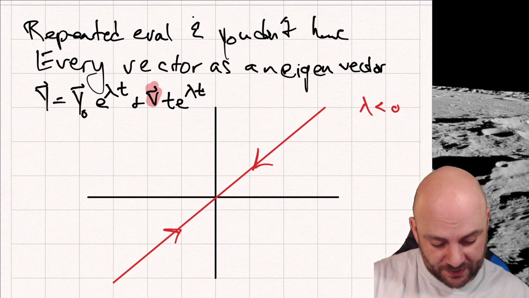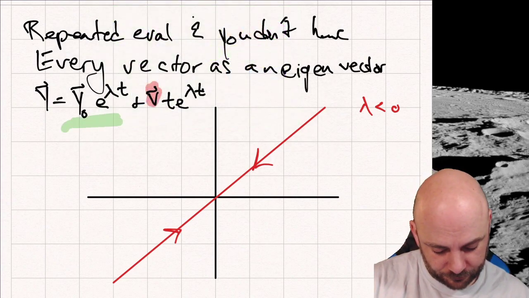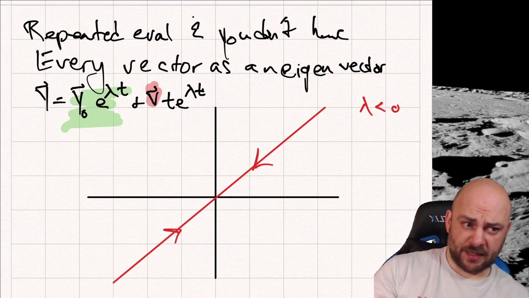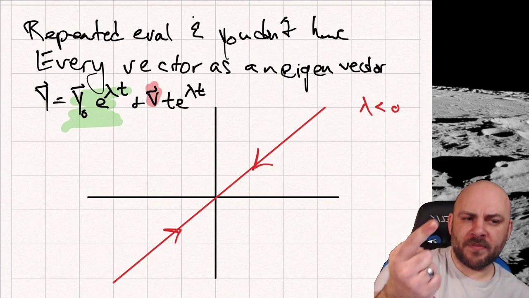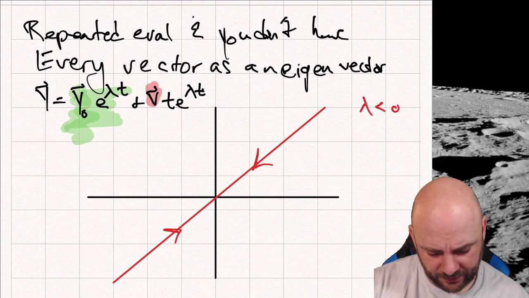Now what this is telling me right here, this little bit that's extra, is that e to the lambda t is still, lambda is negative, so that's still going to 0. But it goes to 0 from where? From the initial condition, because that's what's written right in front of that right there.